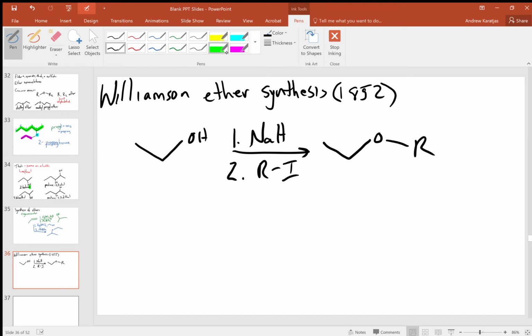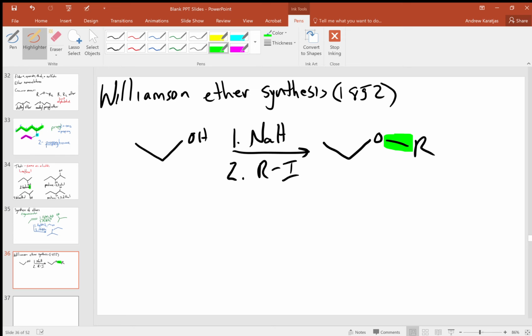And that forms this new carbon-oxygen bond and forms our ether. But again, both steps involved in this reaction are steps that we've seen many other times previously. So how does this reaction work?